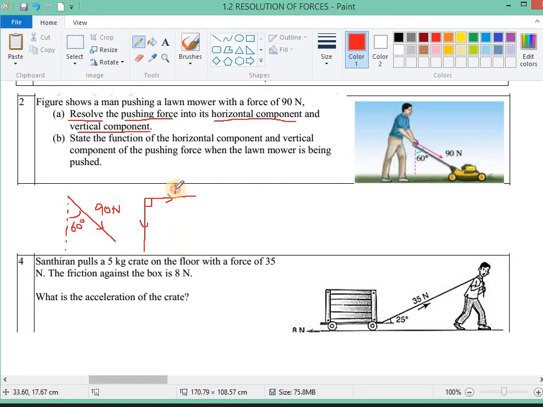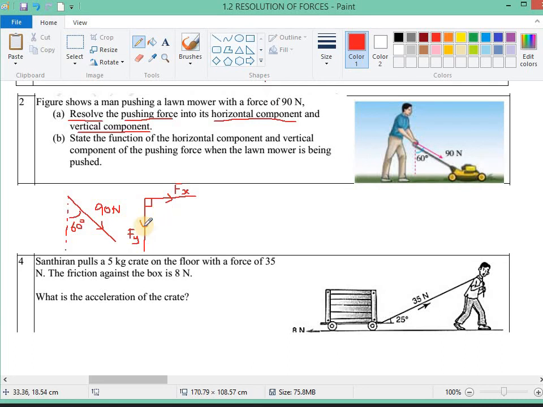We label these as the horizontal component and the vertical component. The horizontal component we usually label as Fx, and the vertical component we label as Fy. So we split this 90 Newton into these two components.